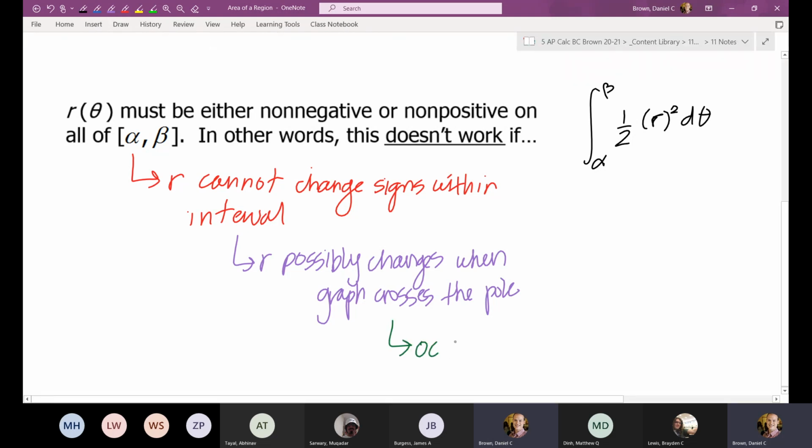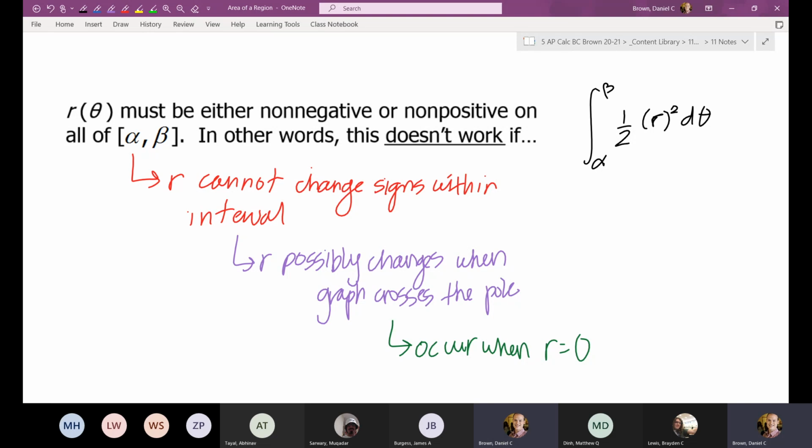That's going to occur when your r value is equal to 0. So we are going to have a lot of things that we need to consider. So basically what I'm saying, if I can have an example of this, if I say I'm integrating this from 0 to pi over 2, that means that between 0 and pi over 2, this graph can't go back to the origin, because there's a big likelihood that's going to change from a positive r to a negative r.